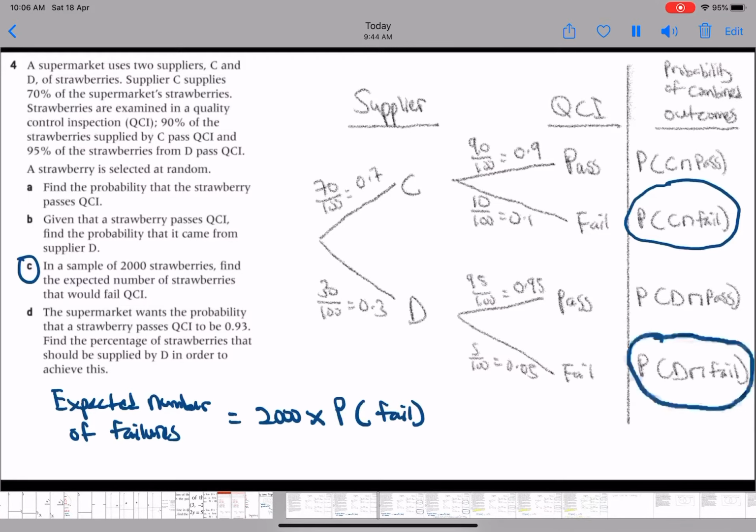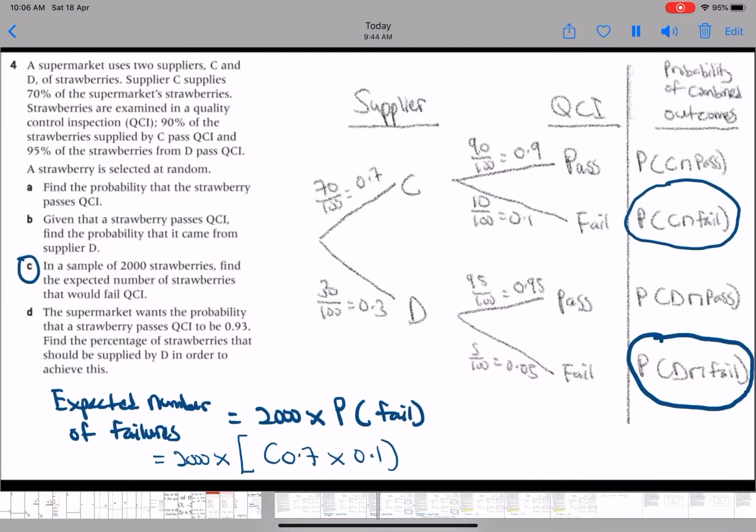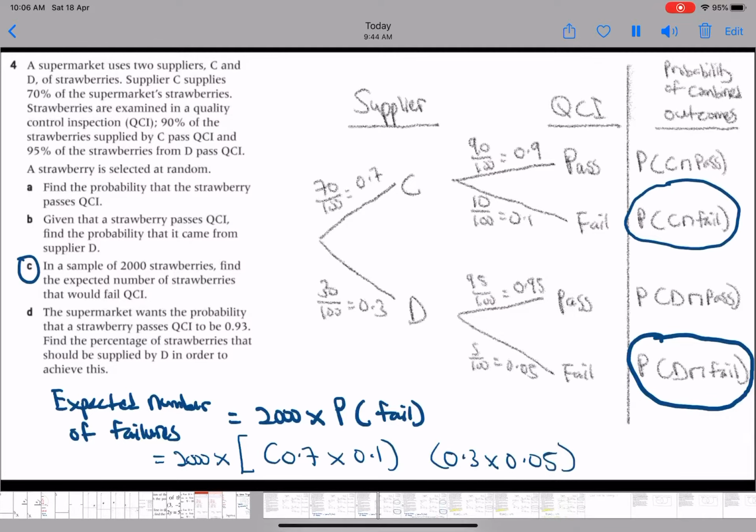They are mutually exclusive, so we add them. The probability of C and fail, if you look at the branches, is 0.7 times 0.1, and the probability of D and fail is 0.3 times 0.05. And because they are mutually exclusive, you add them.